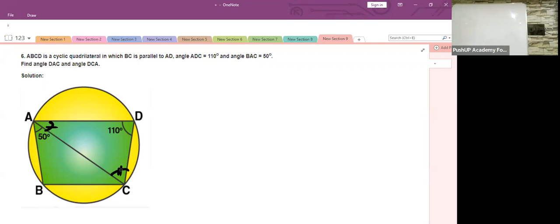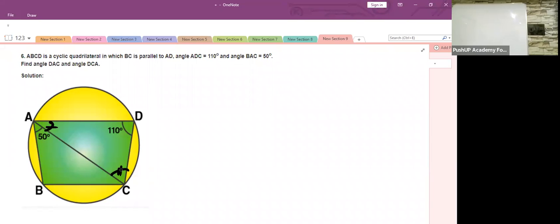What is the first property of a cyclic quadrilateral?